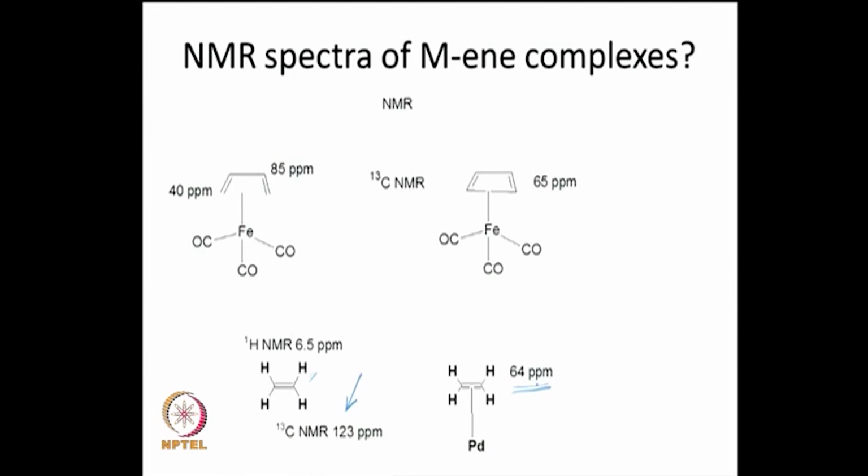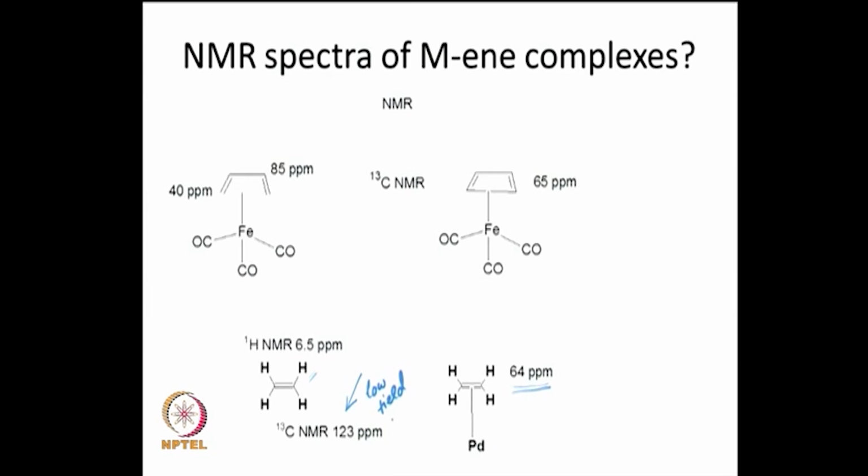What you have in ethylene is a pi system that results in the carbon-13 NMR peak position at a very low field. It is a high chemical shift ppm value, but it is a low field.